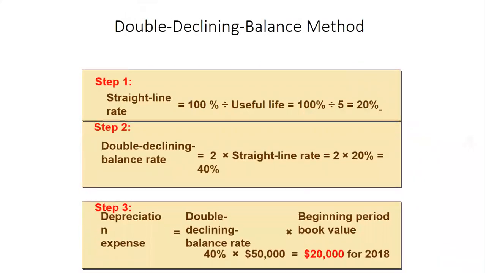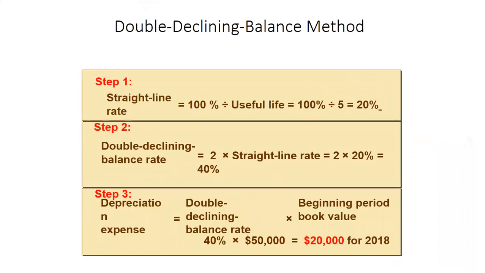Okay, next, double declining balance. Here is step 1, you calculate your straight line rate. And then, multiply the rate by 2. Kaya siya ay tinawag na double declining kasi 2 times. So then, in the step 3, then multiply the rate into the beginning period or the book value.